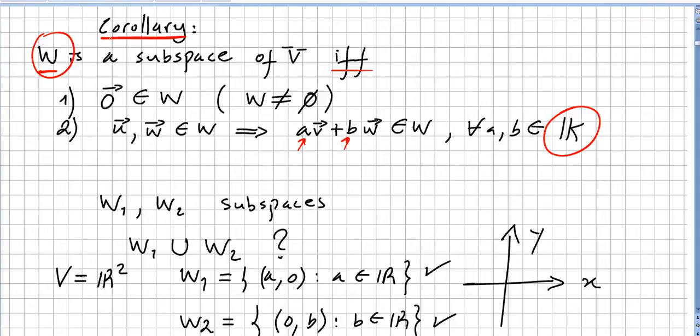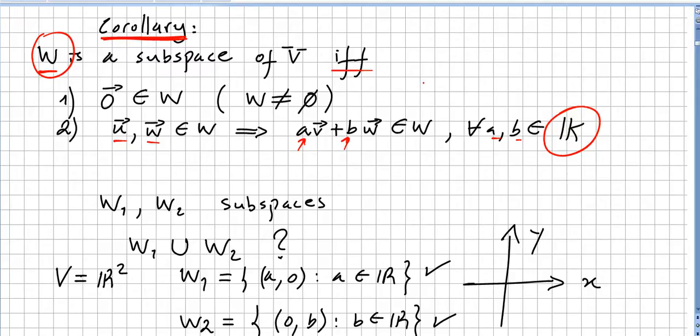Okay, you can use the corollary we saw in the previous video. W is a subspace of V if and only if W is non-empty, and picking two vectors v and w in the subset, if av plus bw, meaning if we multiply these two vectors by two scalars, this addition is also in W, then we say that W is a subspace, for a and b scalars in the field.